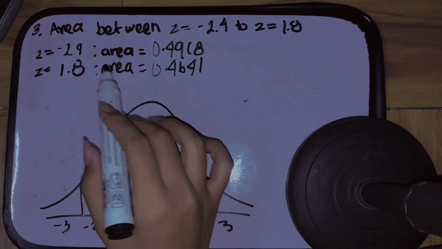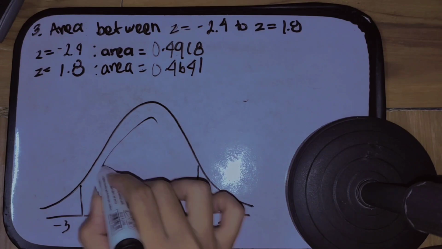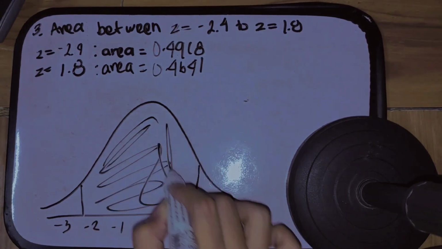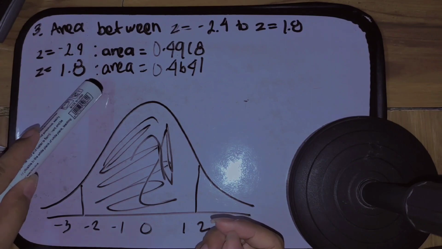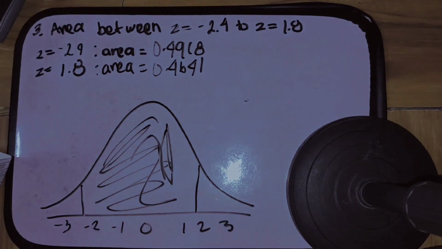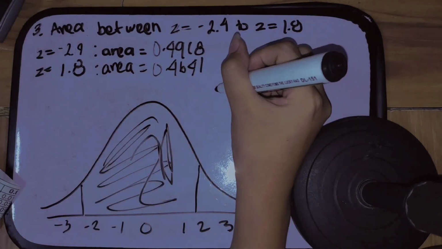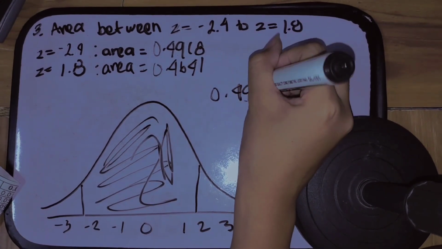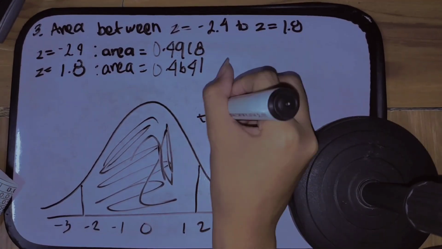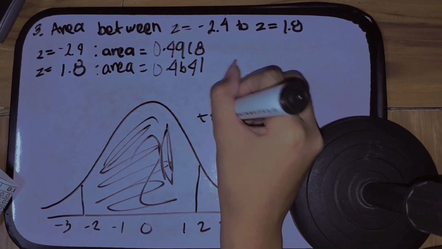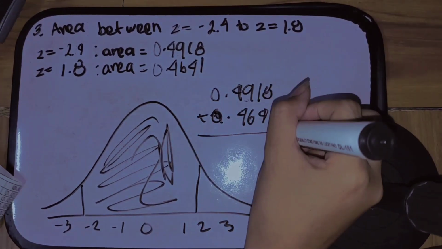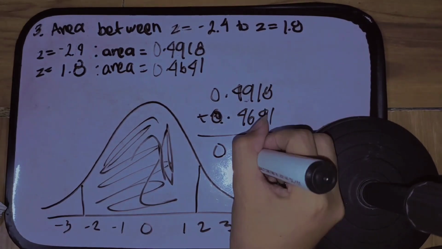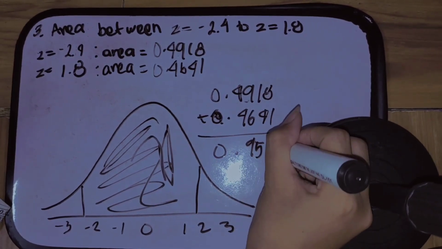Since ang sabi dito ay between, ito ang shaded part natin. Dahil dalawa, ipag-add natin yung dalawa. 0.4918 plus 0.4641 equals 0.9559.